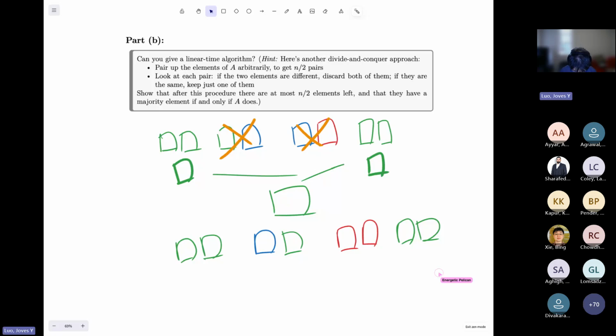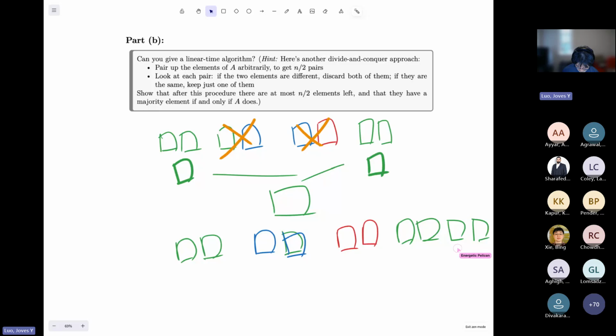Give me a second. So I need one more green. Does that work? Okay. 1, 2, 3, 4, 5, 6. I think this works, right? Yeah, 6 greens. All right, cool.